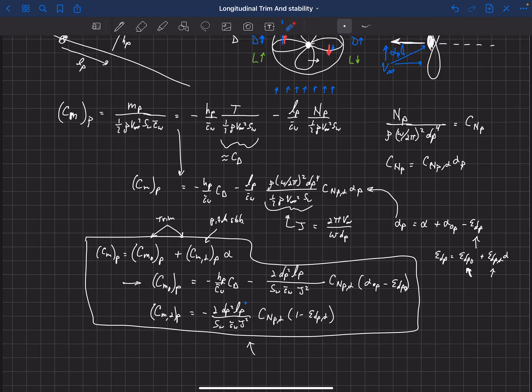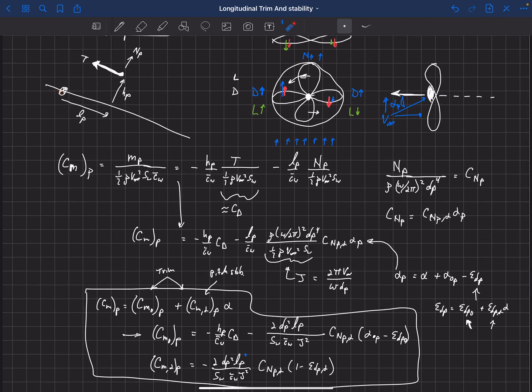So if the propeller is behind the center of gravity, so our CG is here and the propeller is behind, then that is a stabilizing component. It will actually add to the pitch stability of the aircraft. If the propeller is in front, so if LP is negative, then we'd get a positive pitch stability derivative term here due to the propeller. And so that's a destabilizing effect.